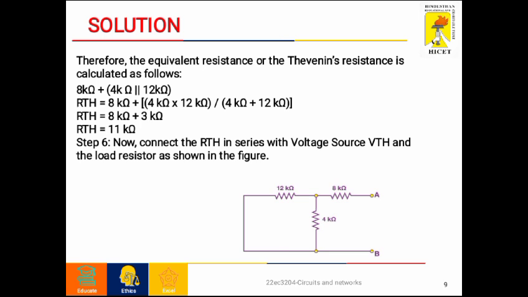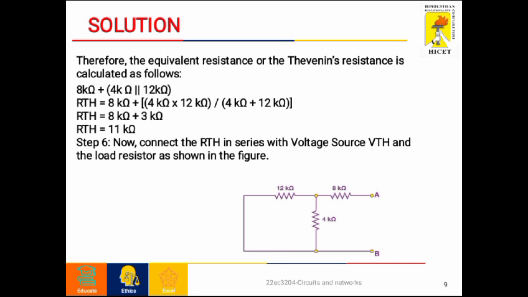By the formula, if two resistors are connected in parallel, it is R1 into R2 divided by R1 plus R2. Here R1 represents the 4 kilo ohm resistance and R2 represents the 12 kilo ohm resistance. So R Thevenin is equal to 8 kilo ohm plus 4 into 12 divided by 4 plus 12. By solving this equation, we get R Thevenin equal to 11 kilo ohm.